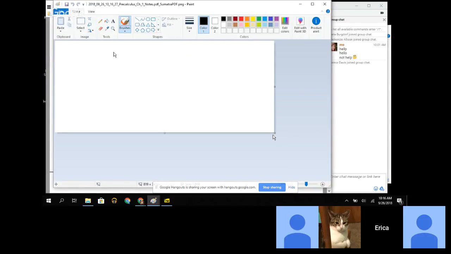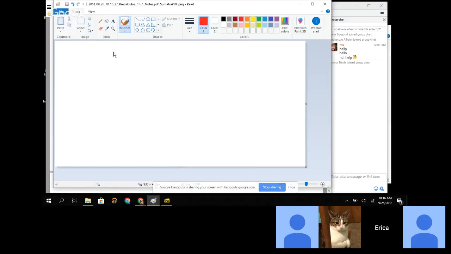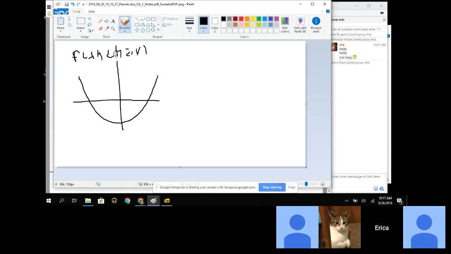It's the vertical line test, right? Something is a function if it passes the vertical line test. Basically, anywhere you draw a vertical line, you should only have one solution.